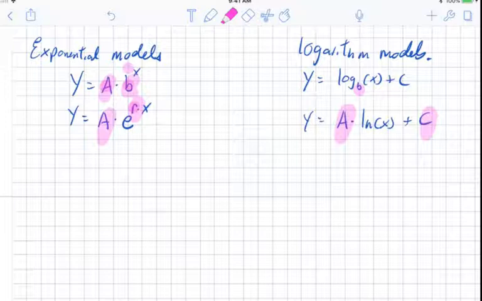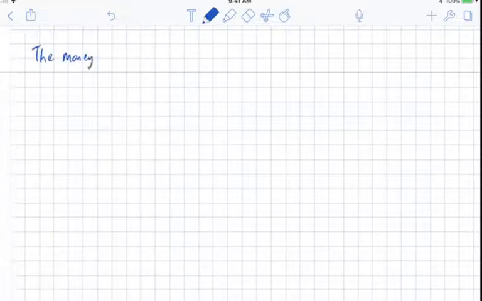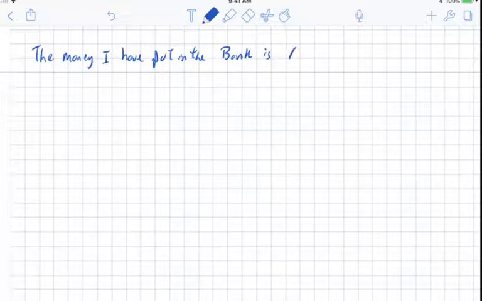So let's see some model word problems. I might say the money I have put in the bank is A equals $200.